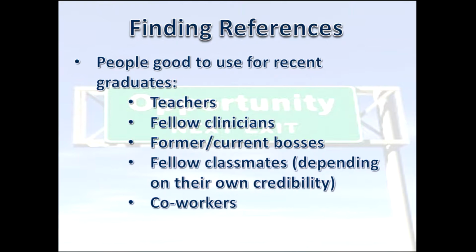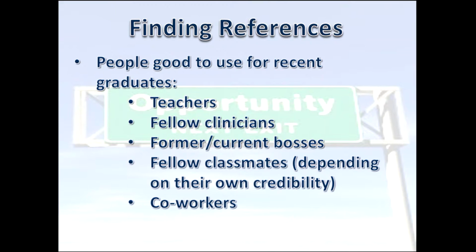Any former or current bosses that you've had very recently. I know a lot of you work while you're in school. Your boss can speak on the behalf of all of the things that you're juggling, and you're still able to maintain your quality of work at work.